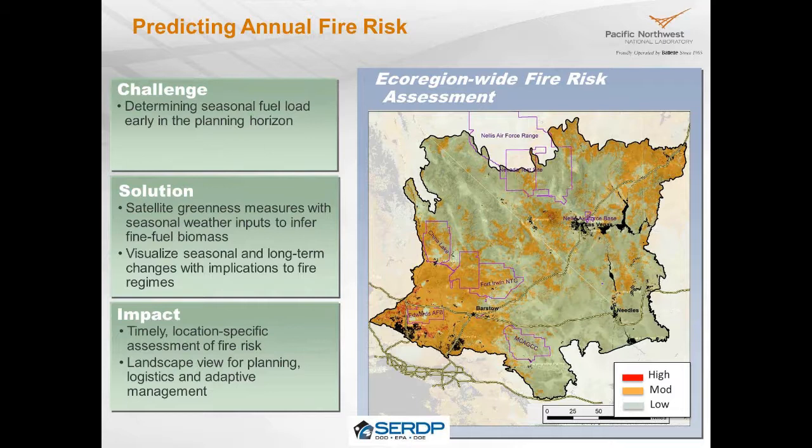By developing the maps, I mean applying the model, and there are inputs that we'll talk about that are critical to it, but we're relying heavily on the satellite greenness and its response based on the wintertime precipitation. So we're looking at several dynamic variables as well as static variables. Let's talk about those. The idea behind it is to give a timely and location-specific assessment of fire risk for the upcoming season.